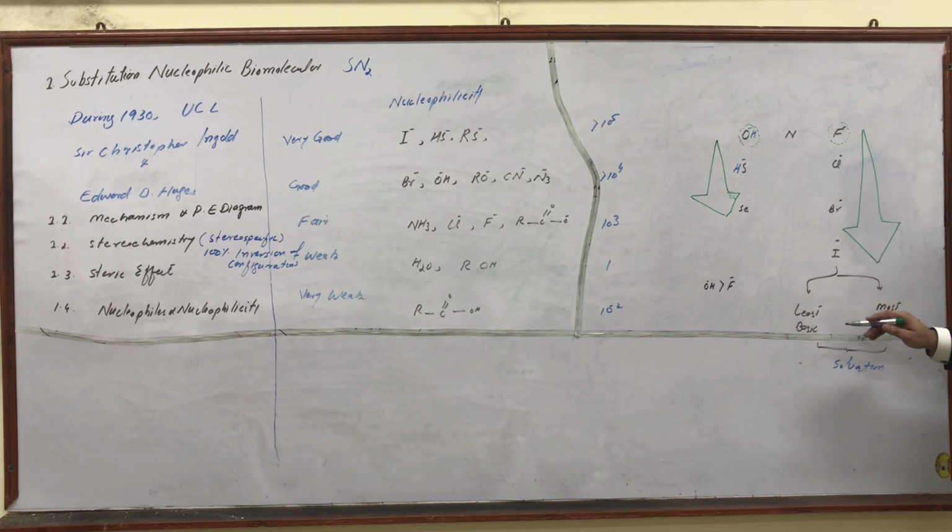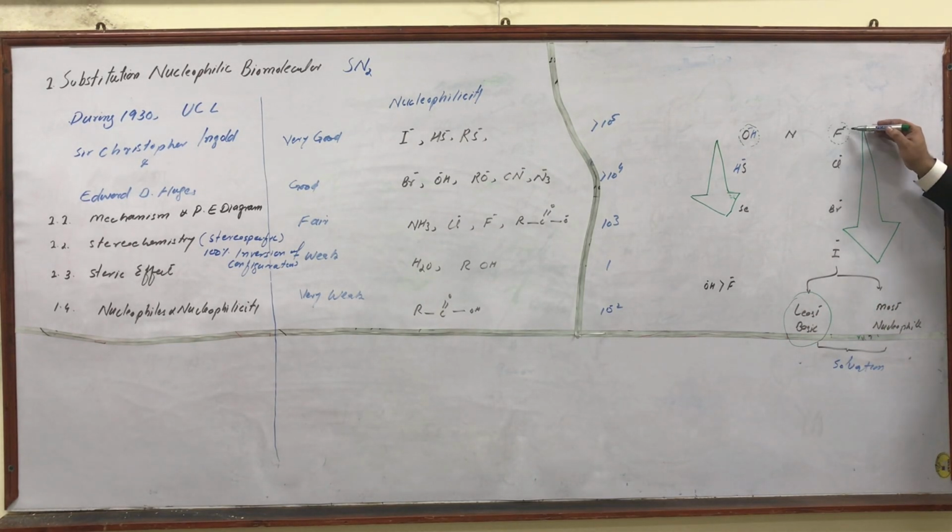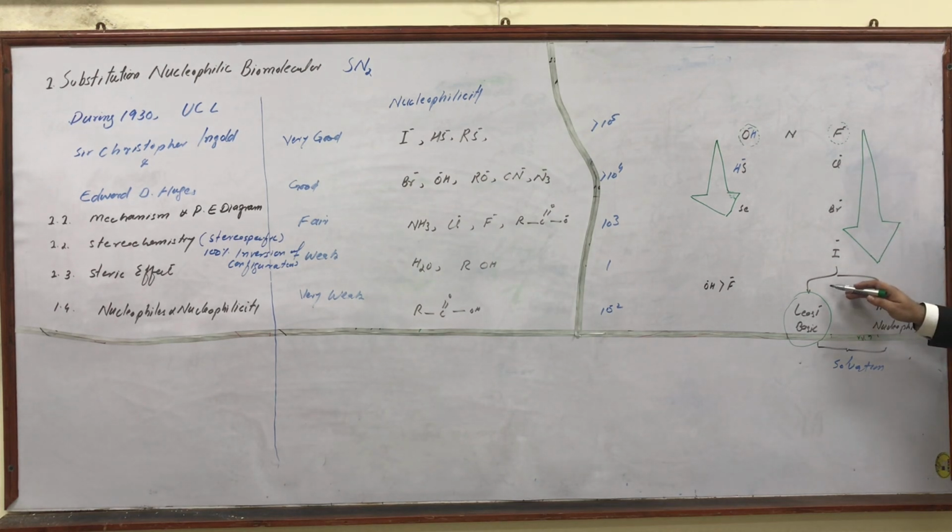The other thing that I have mentioned very clearly, least basic. So it means fluoride is stronger in basicity but weak in nucleophilicity, and at the other end iodide is weak in its basicity and greater in its nucleophilicity.